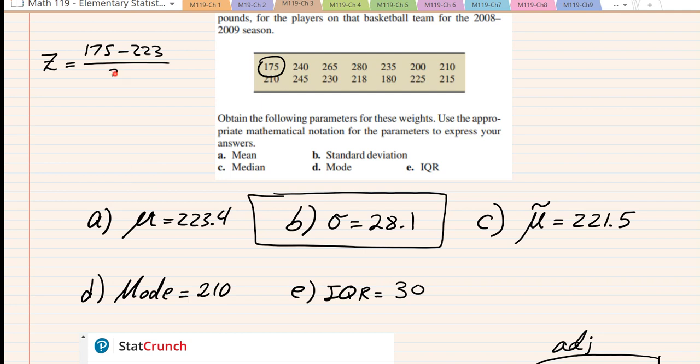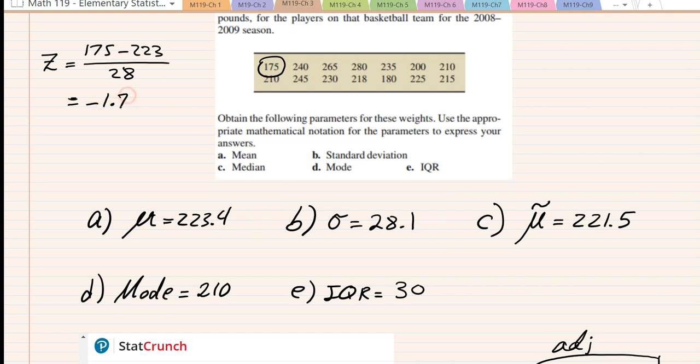Standard deviation is 28. Again, I'm rounding that number. Now, I need to calculate the Z-score, which is easy to do. All I have to do is the numerator, 175 minus 223. That would be negative 48 divided by 28. You get a Z-score of negative 1.7.